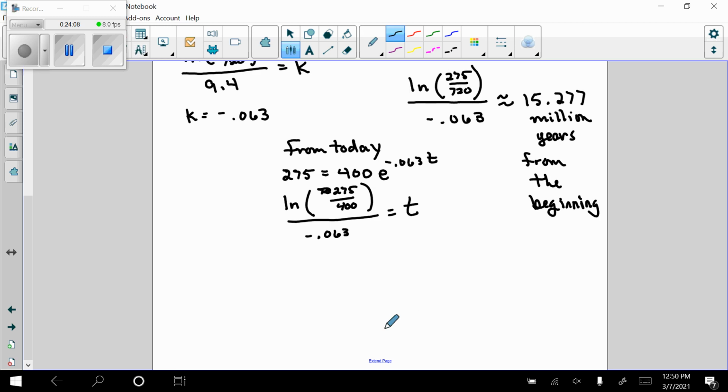So here you would have got T as about 5.948 million years from now.